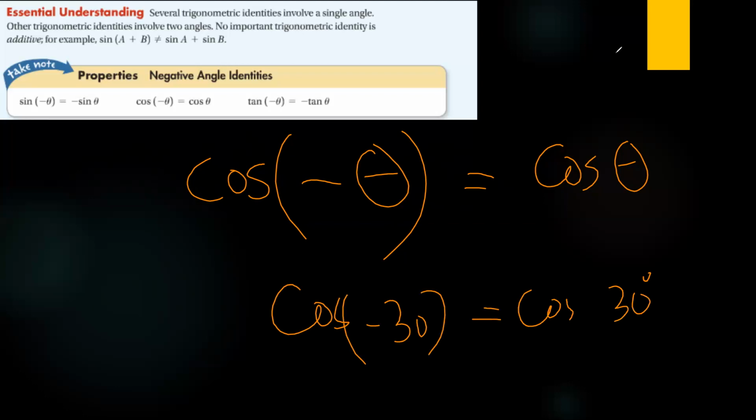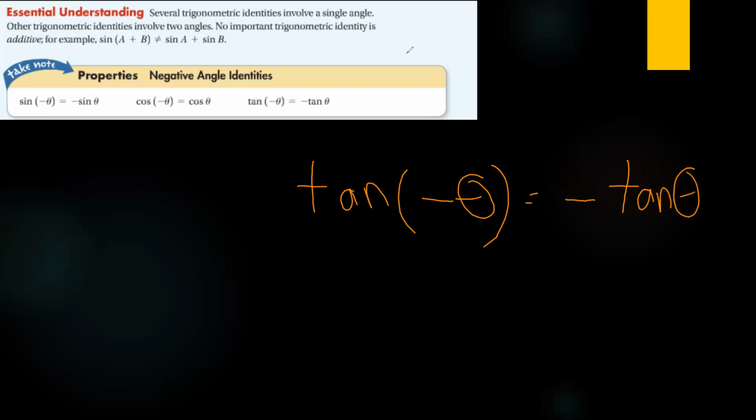So for the sine of negative theta, it will be negative sine of theta, so you take out the sign, but for the cosine, the negative cancels. The cosine for negative will be the same as the cosine for the positive. And the same for tan: like the sine, the tan of any negative angle will be the negative of tan of the angle.